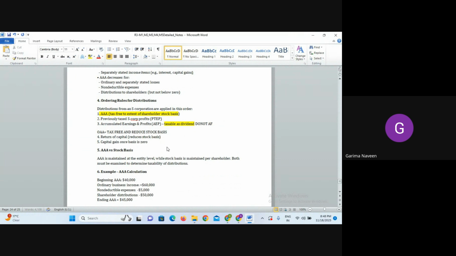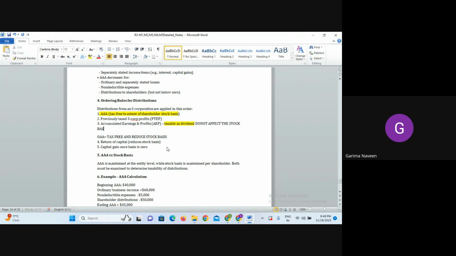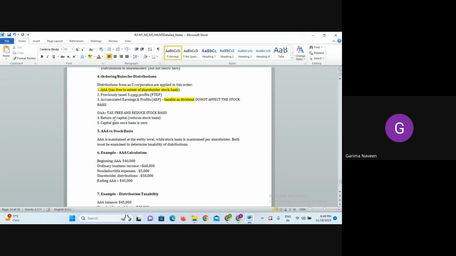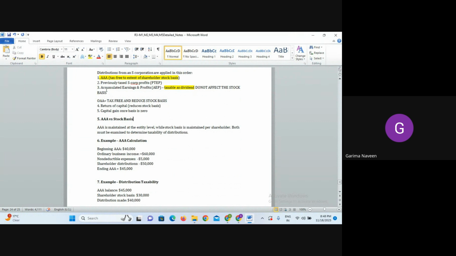And if you are making an excess distribution, like if it is going from the OAA account, it will again reduce your stock basis and will be tax-free. Next, if you have more than these distributions, it will be considered a return of capital and reduce your stock basis down to zero, and the excess of the distribution will be considered as your capital gain.